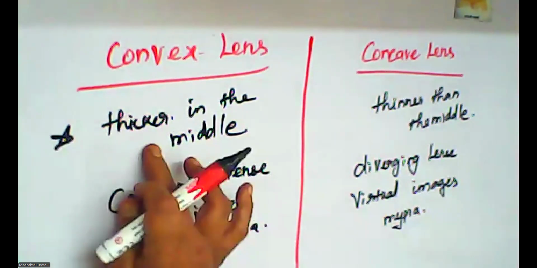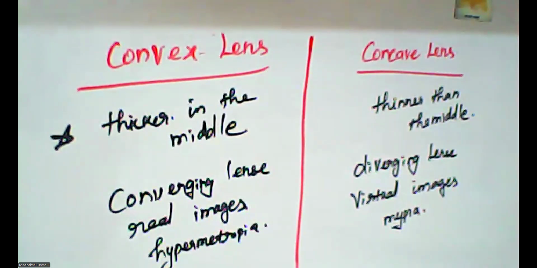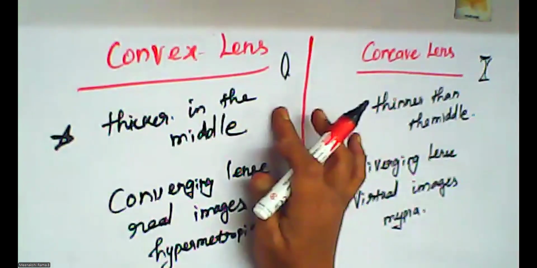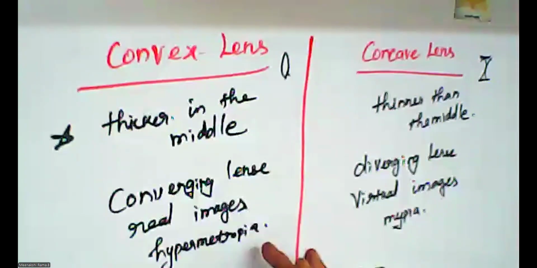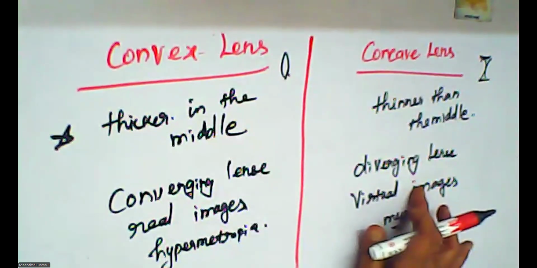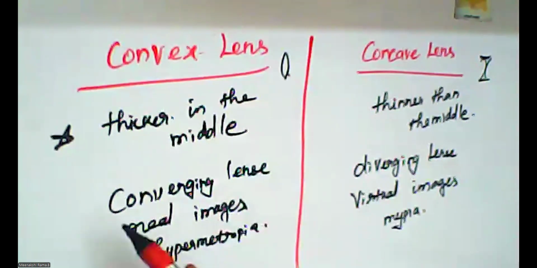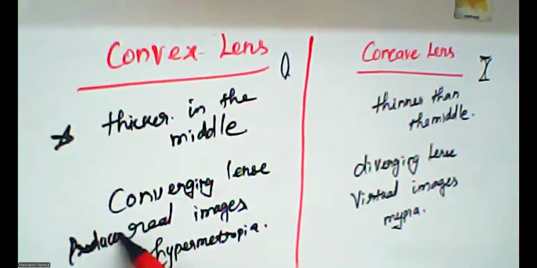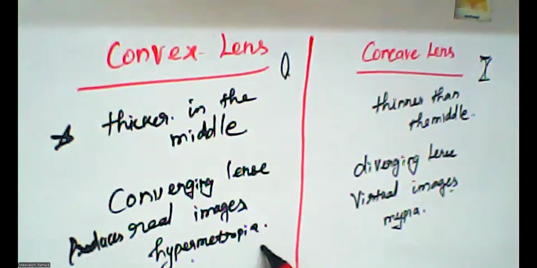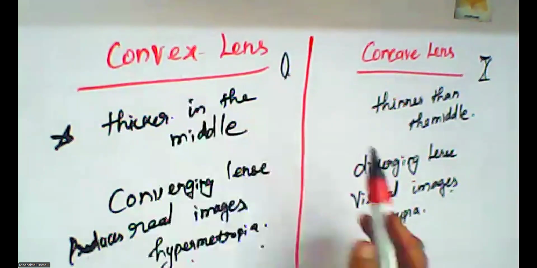First difference: a convex lens is thicker in the middle compared to the edges, and a concave lens is thinner in the middle. The convex lens is also called converging, and the concave lens is called diverging. A convex lens produces real images, and a concave lens produces virtual images. For hypermetropia treatment, we use a convex lens.